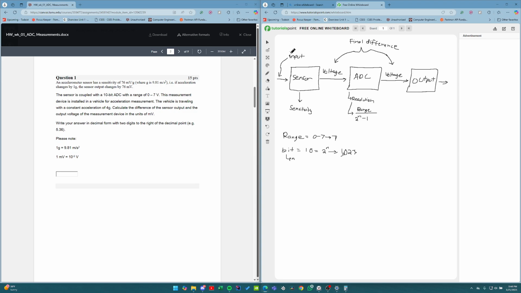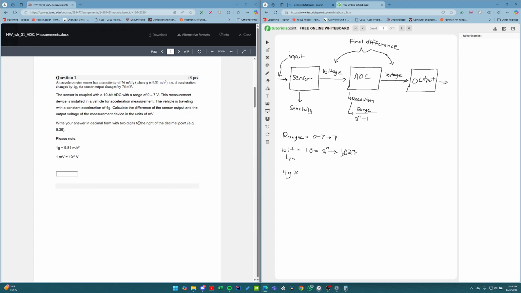Now that we have all the information we need, we can solve this. First off, the input is 4G. This 4G goes into the sensor, goes through the sensitivity and becomes a voltage. How do we turn that into a voltage? We can use dimensional analysis for an easy way to convert it.